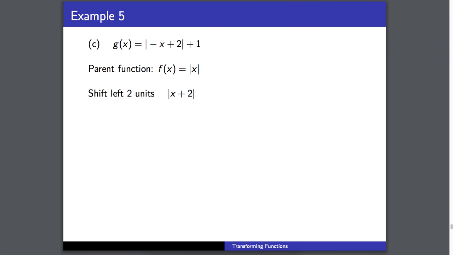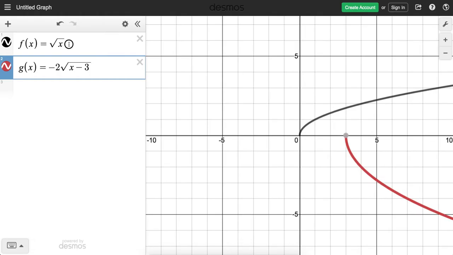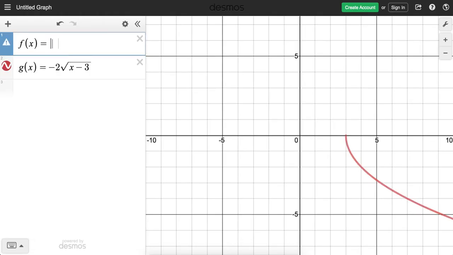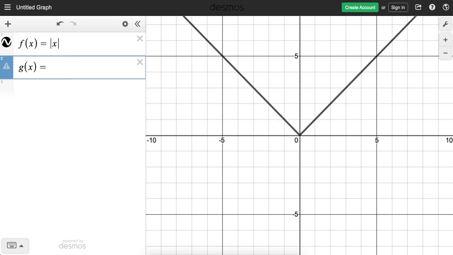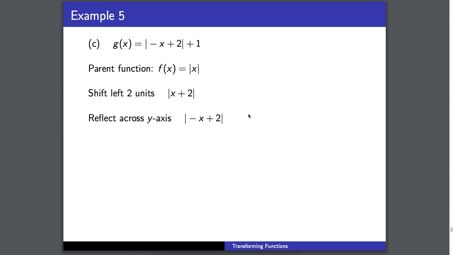So let's go ahead and graph this one so I can get a visual here. All right, and we'll get rid of u and your x plus 2. There's your shift to the left 2 units. Alrighty, and now the negative that we're multiplying the x by is a reflection across the y-axis.